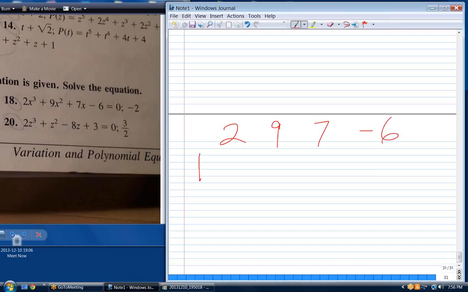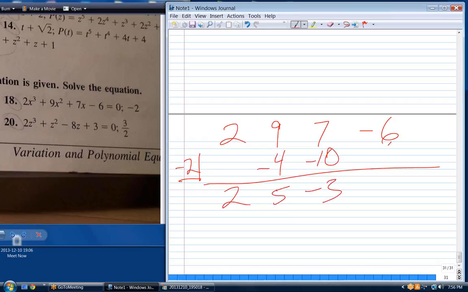Number in the box. Sorry, I was finishing writing this. The number in the box is negative 2. Drag the 2 down, you get negative 4, 5, negative 10, negative 3, 6, 0.